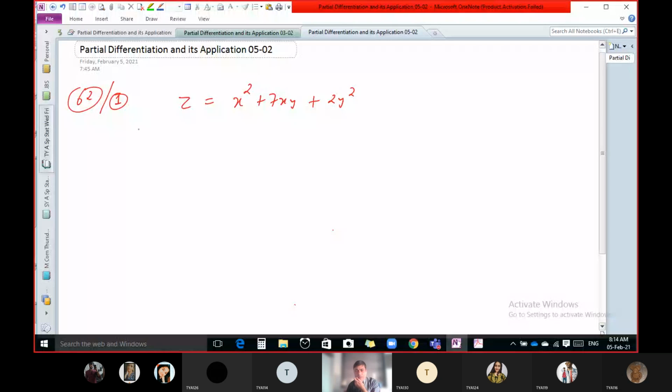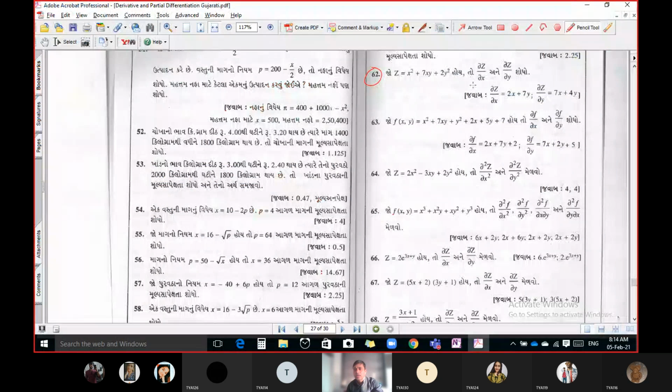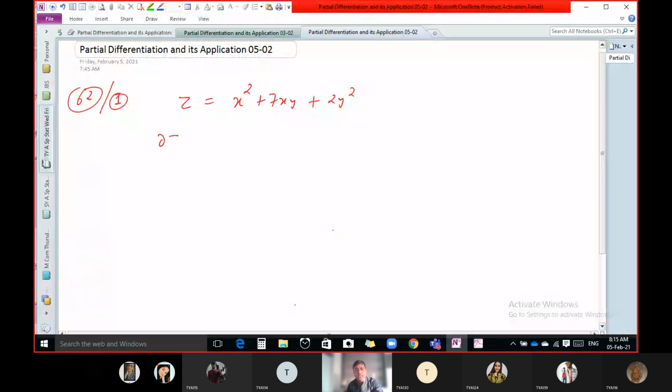Now we want to find out this. It is known as delta z upon delta x. Don't say dz upon dx. Delta or dou z upon dou x, that is better.